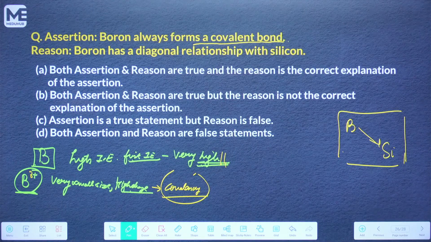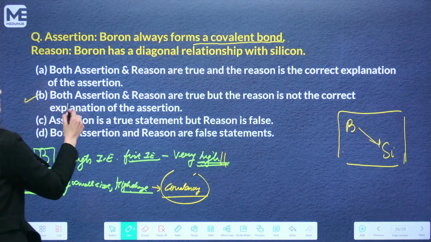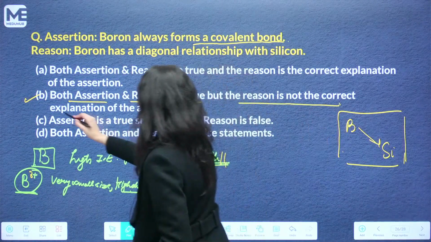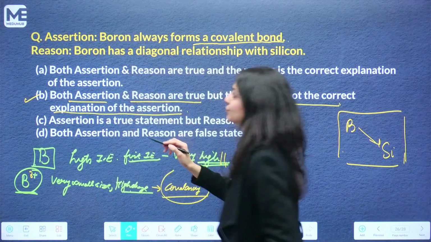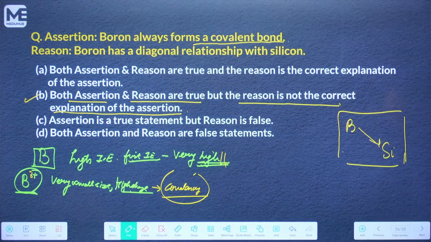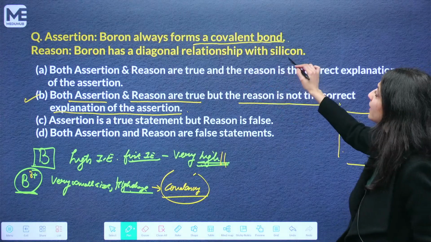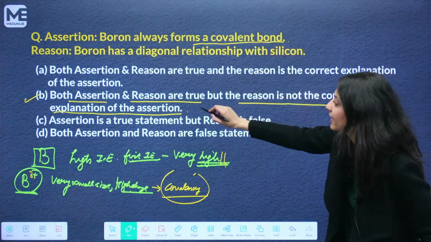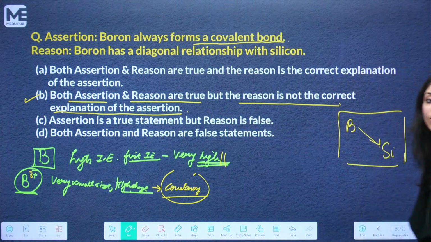Rishabh, you are right. Yes, it is B. Both assertion and reason are true, but reason is not the correct explanation of the assertion. So correct is B. This is a correct statement, but it is not the reason why boron forms covalent bonds. That is why option B is the correct option.